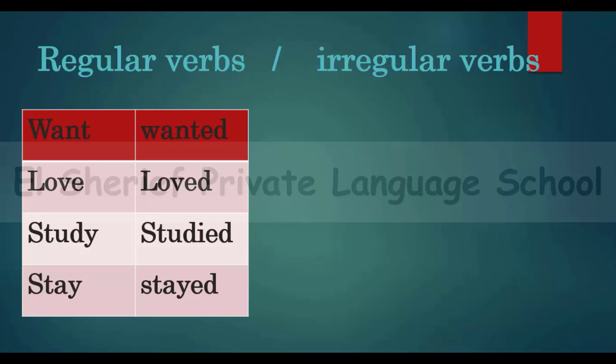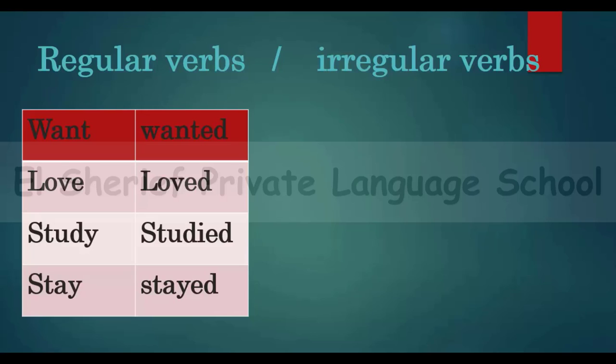Verb number 2, love, loved. Love, as you know, ends with e, but here we added just d, so we said loved. Look at the verb study, and the second form of study is studied.